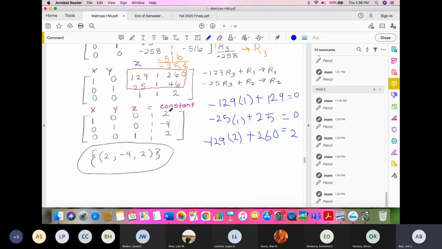We have one more row operation to do to finish up. That is this one, negative 25 times row 3. That's a 2. Plus row 2. That's 46.